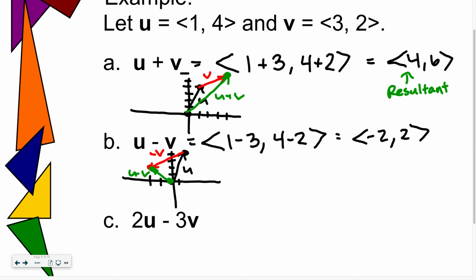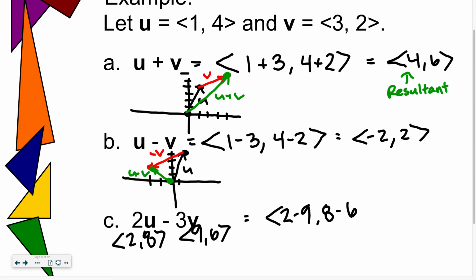Okay, 2u would be what? 2, 8, and 3v is 9, 6. So if I subtract those, I'm doing 2 minus 9 and 8 minus 6. So I get a negative 7, 2.